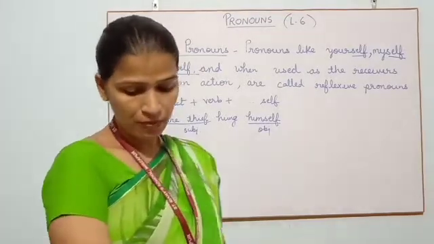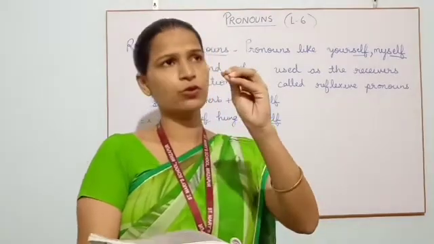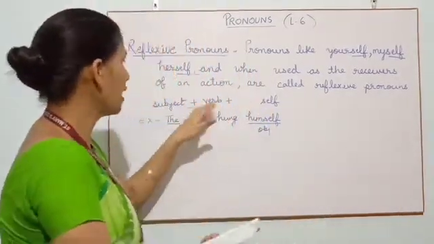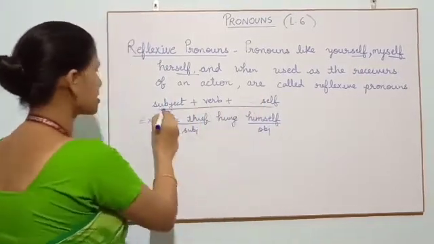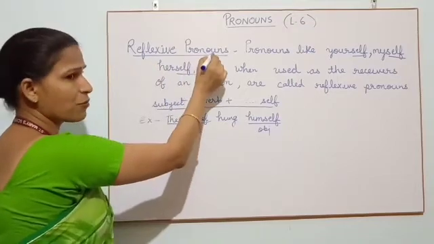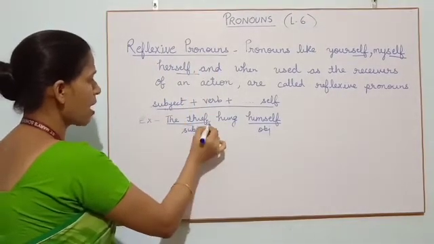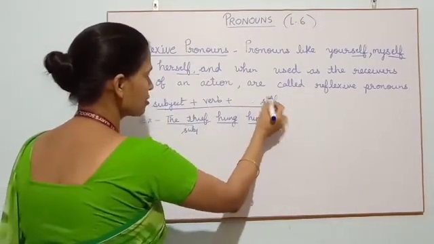Here in the book they have given you a small formula sort of thing by which you can easily learn. To remember reflexive pronoun, what you can remember is subject, plus verb, plus dash self.